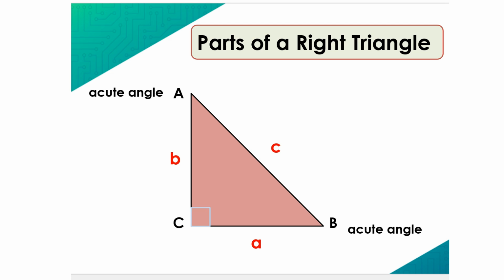Here, we use the convention that angles are named using the capital letters or the uppercase letters, and the sides opposite the angles are named using the lowercase letters. The legs of the right triangle are A and B, and C is the hypotenuse.